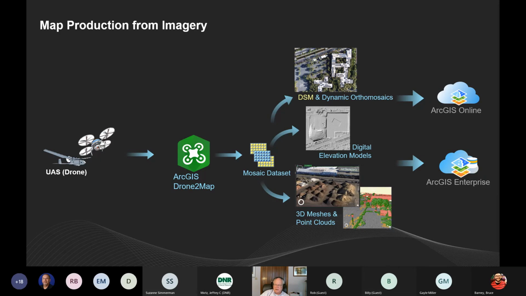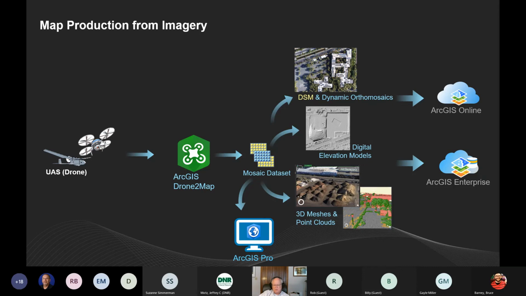The thing that I would take away again is the ability to generate the dynamic orthomosaics, and then you can share it out through the ArcGIS system of systems, depending on what components you've already deployed, whether it's ArcGIS Online or the enterprise. Most of this, as I said earlier, is built on the Pro platform.